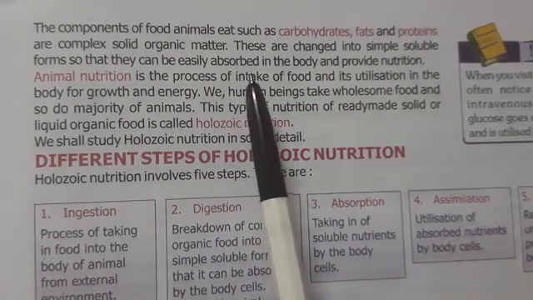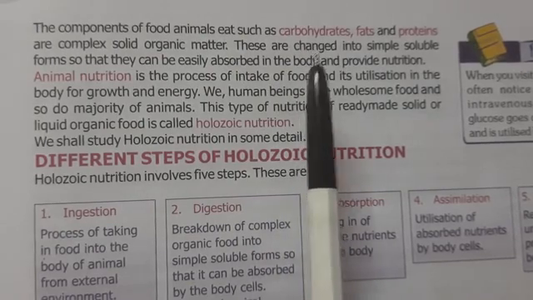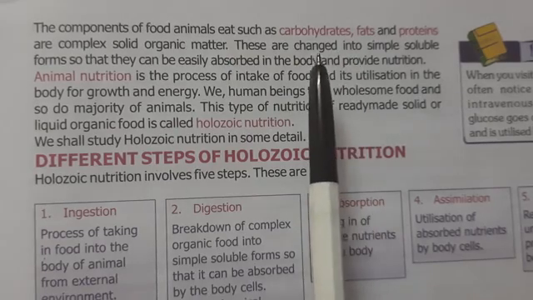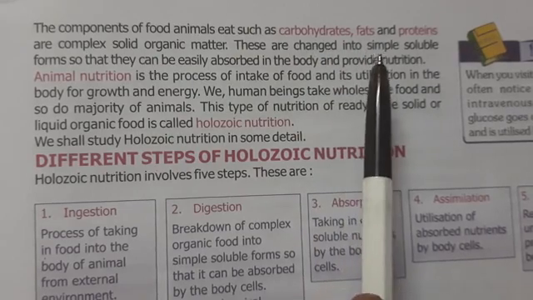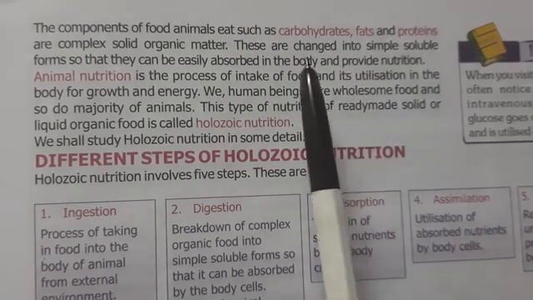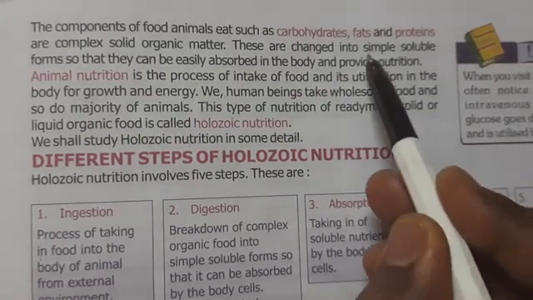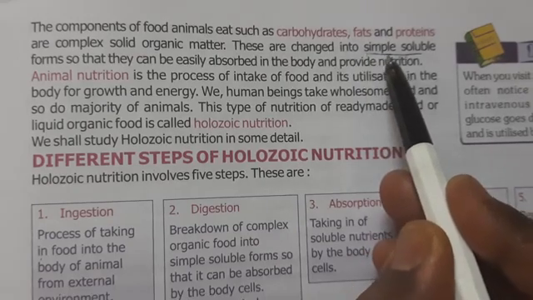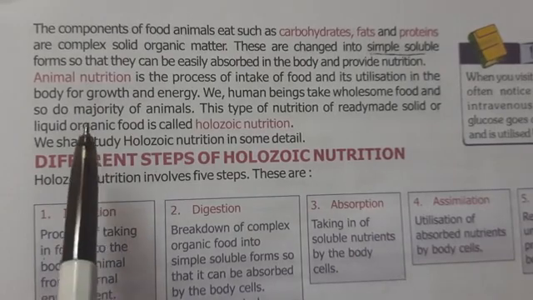Okay, that means these materials, if we eat them, our body cannot digest them as they are. So the food that we are eating, the carbohydrates, fats and the proteins, they are in the complex form and they have to be converted into simple soluble form. So our body can take only the simple substances. Okay, and so we will see how it is done.